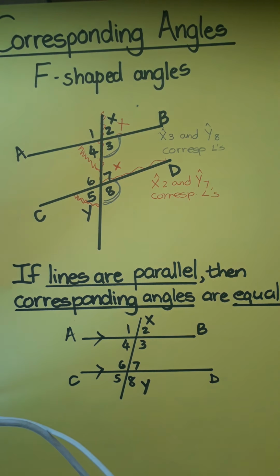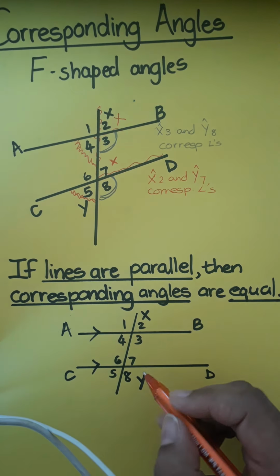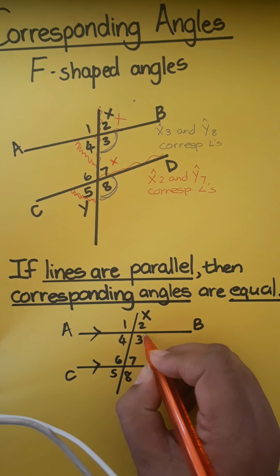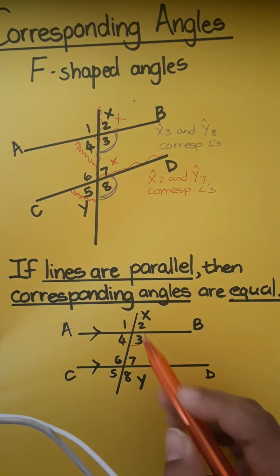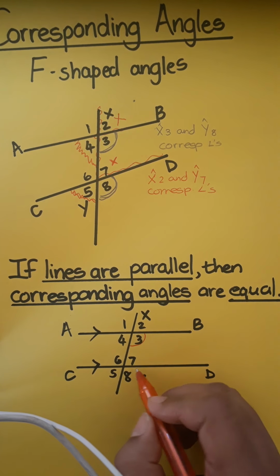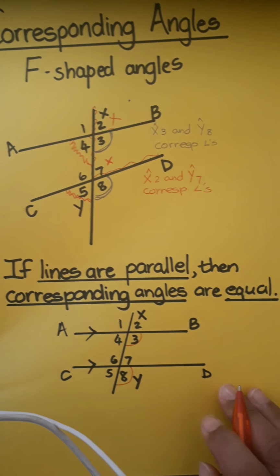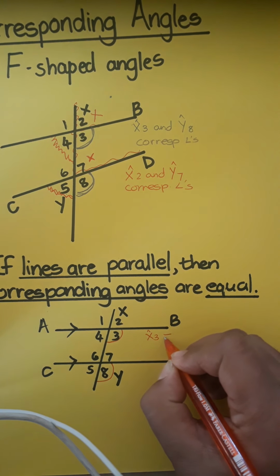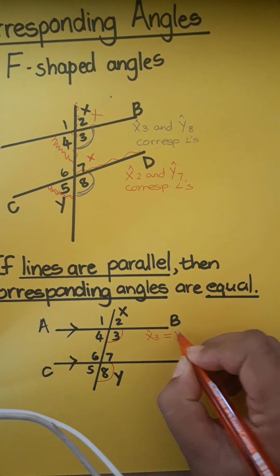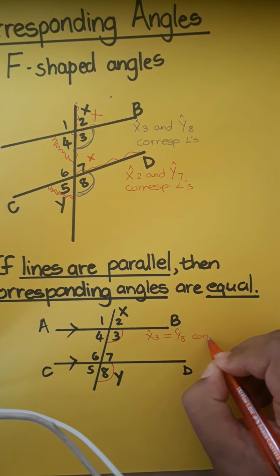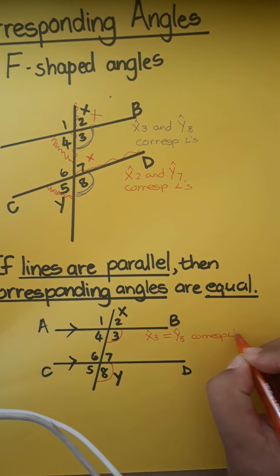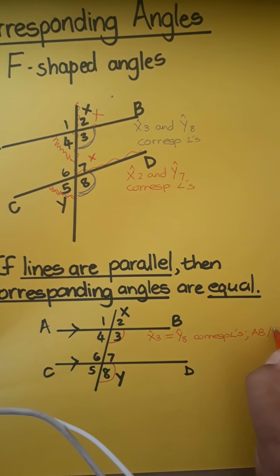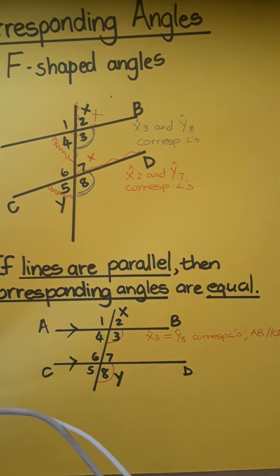Now, with corresponding angles where the lines are parallel, you find that they are equal. So, angle X3 and this Y8, we can write it as angle X3 is equal to Y8. Why? Corresponding angles. And you must tell me which lines are parallel. AB is parallel to CD.